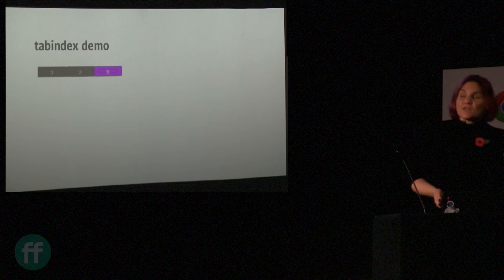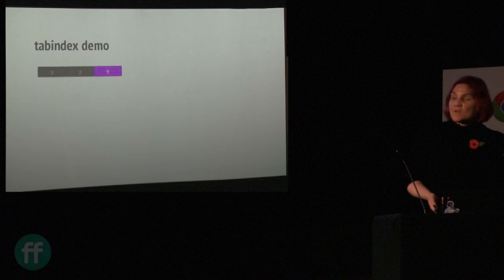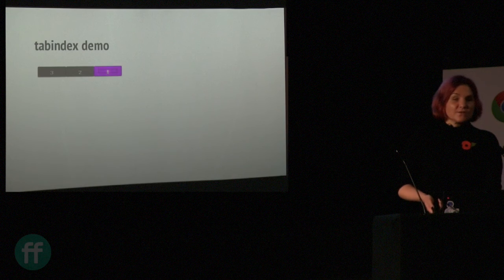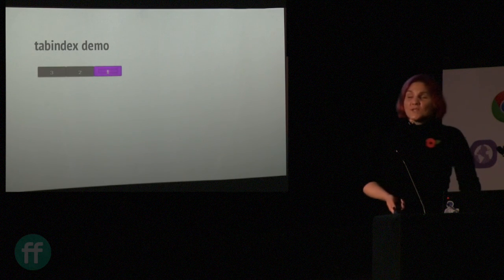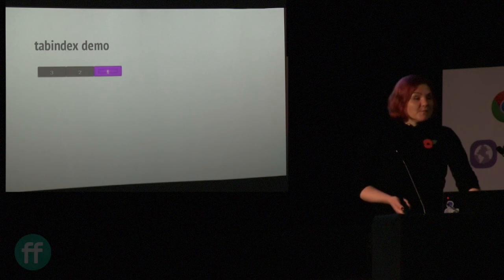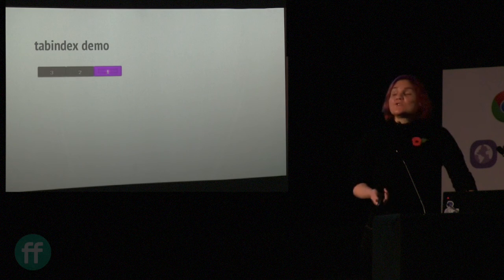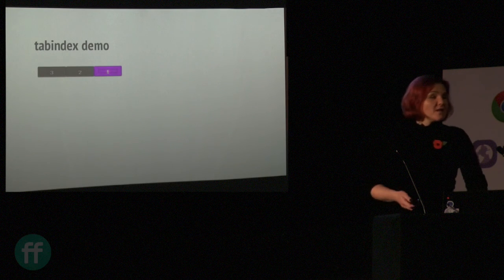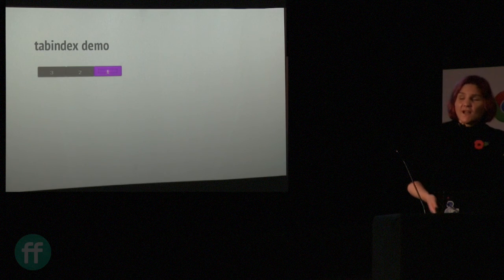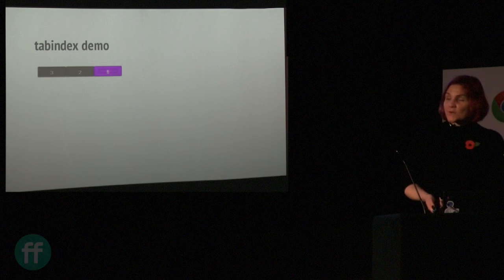The problem is that when you start using positive numbers for tabindex, you have to take ownership of the entire keyboard interaction for the application. In this little 1, 2, 3 example, it's fine because we want that button to be the first thing that gains focus in the sequence. But if we were to drop this into the middle of a complex web application interface, say, I don't know, an email application or something like that, that number 1 button would still be the first thing that a keyboard user would be able to focus on the page.